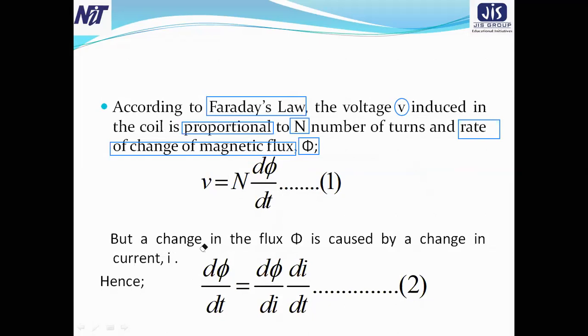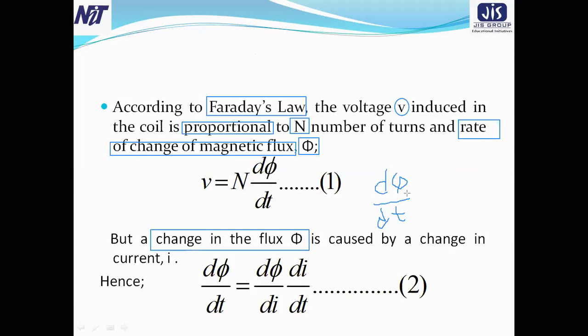But the change in flux phi is caused by a change in the current. So why is this flux changing? Flux is changing with a change in current i.